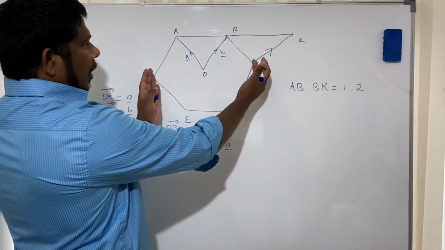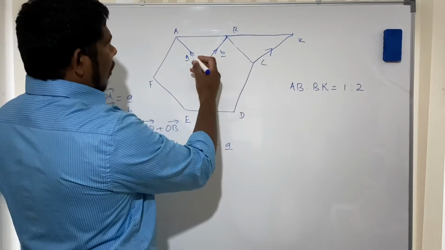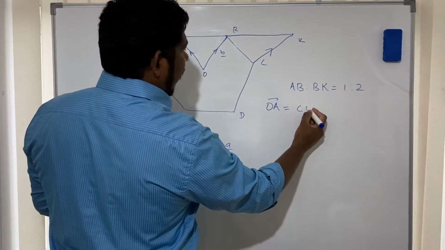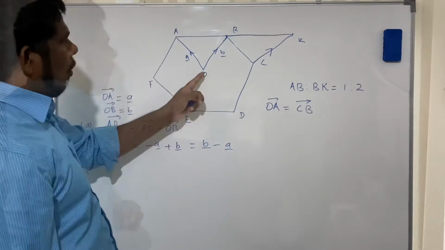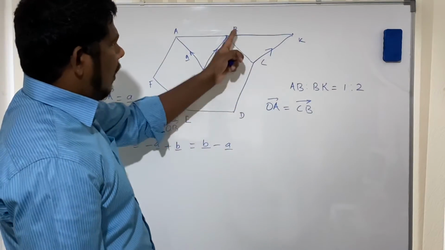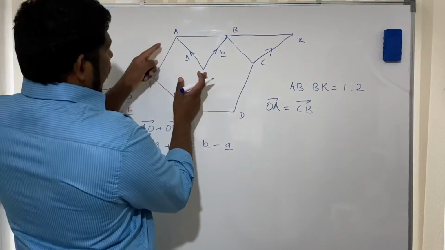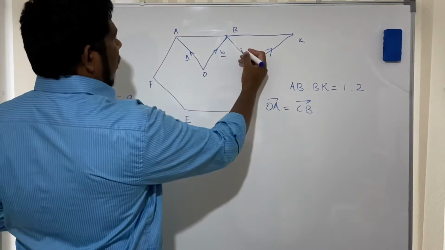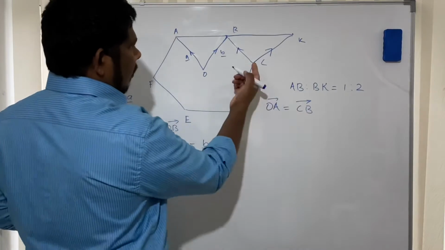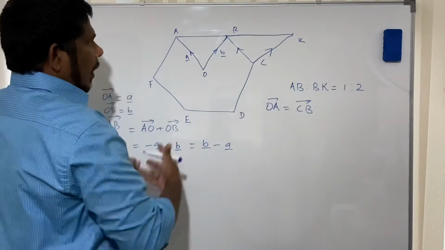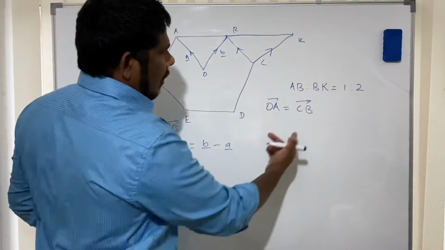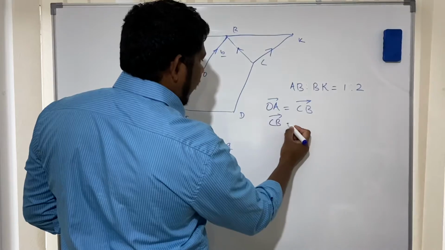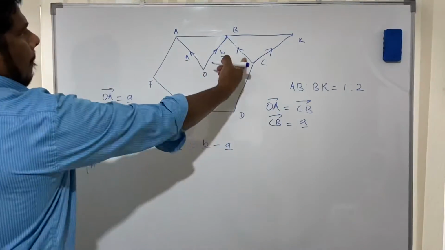As this is a regular hexagon, vector OA is equal to vector CB, because the size of OA is equal to the size of CB, and they're in the same direction since we are finding C to B. So vector CB is vector a.